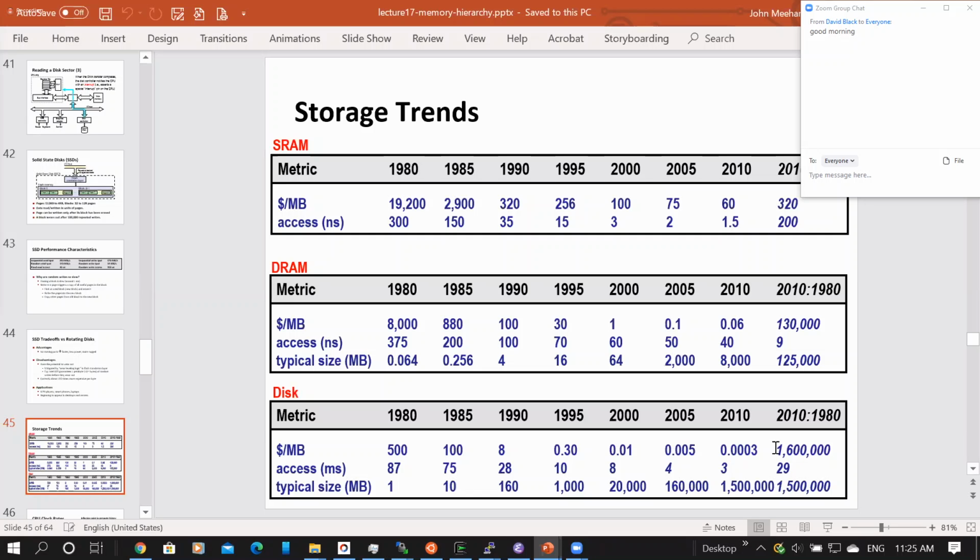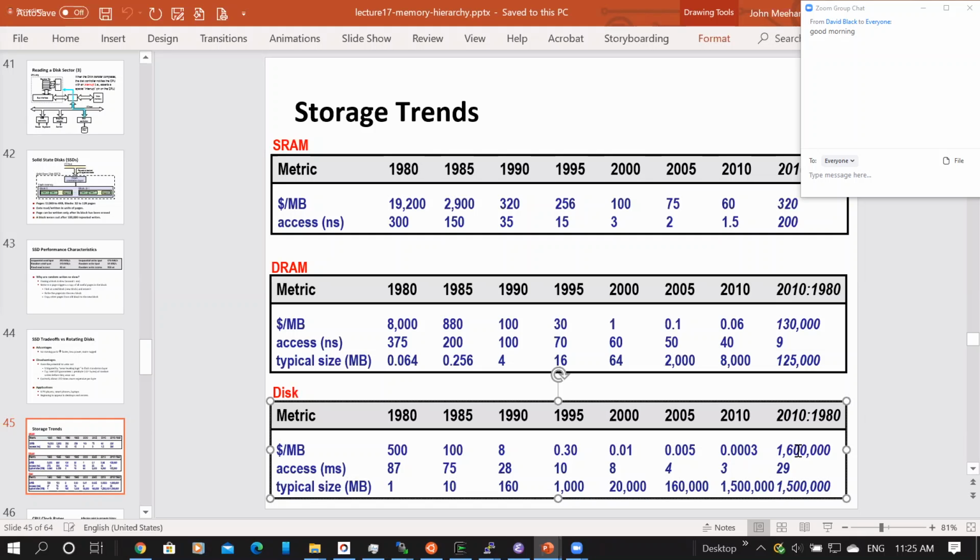The amount of storage per dollar has improved the most in the disks, right? And the access times have come down by about 30. And so the sizes have grown hugely, right? The sizes have grown the most, and that's related to the fact that the price has come down the most.